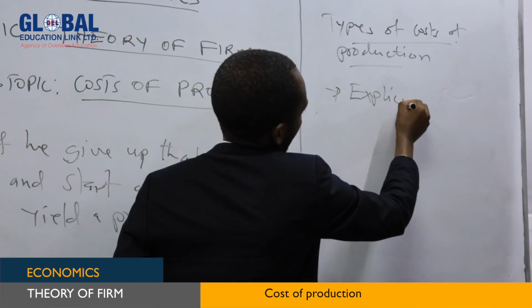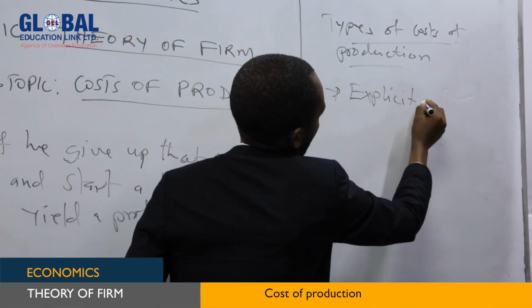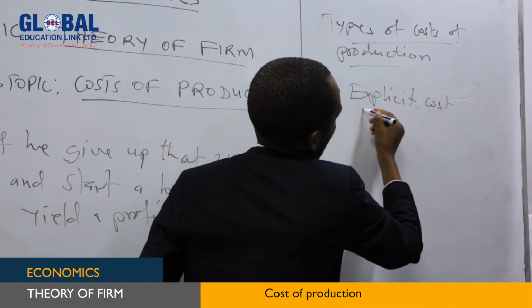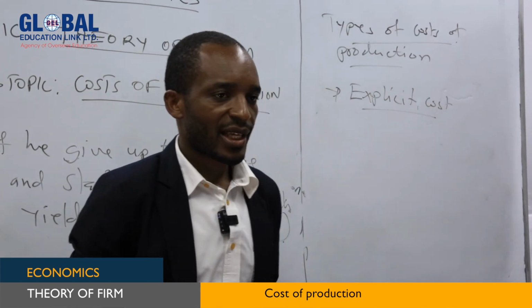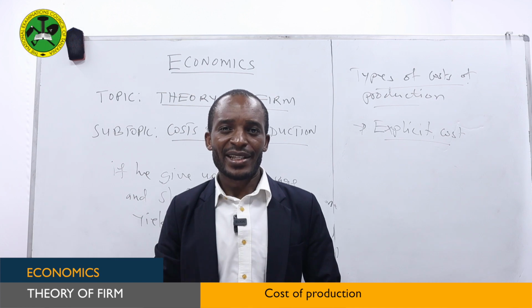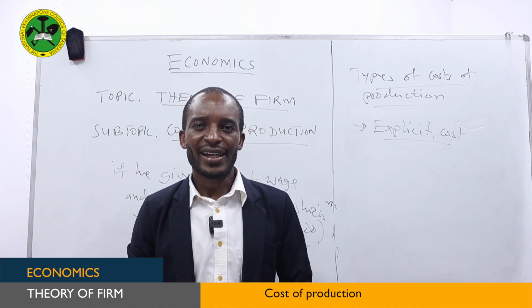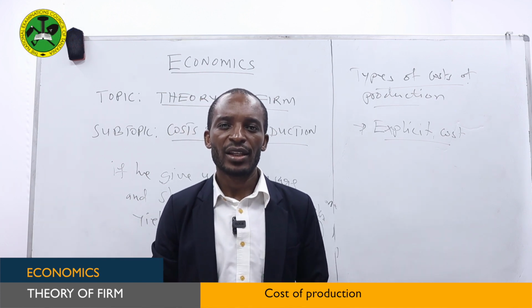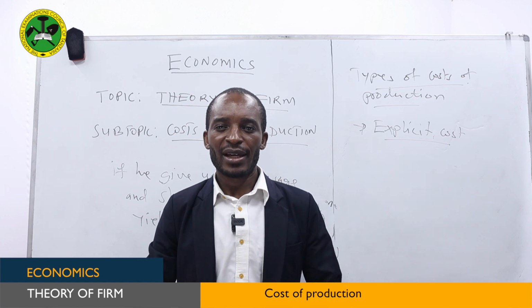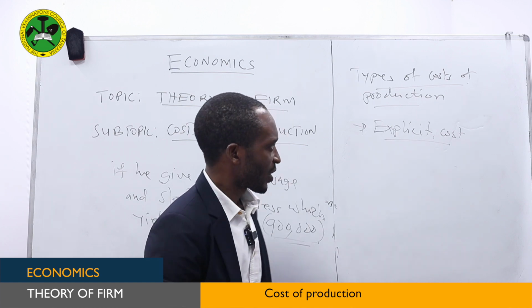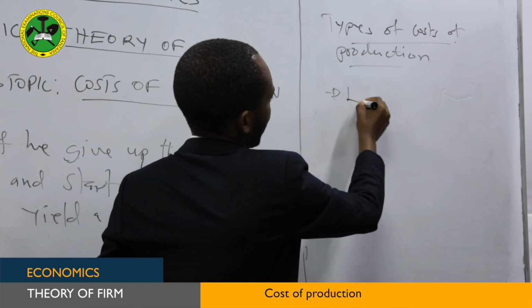Explicit costs are expenses or the actual money a businessman will pay to buy inputs during the production process.